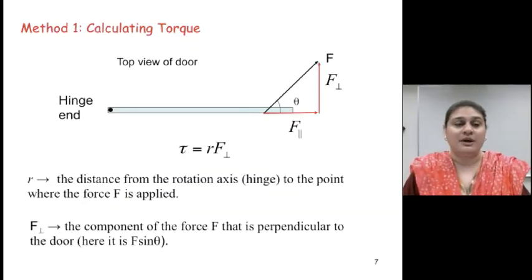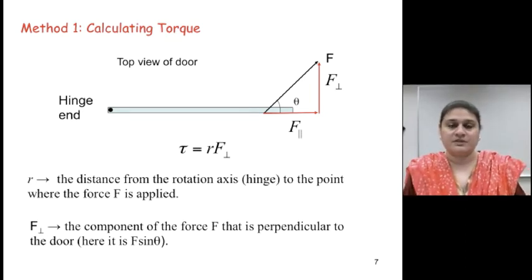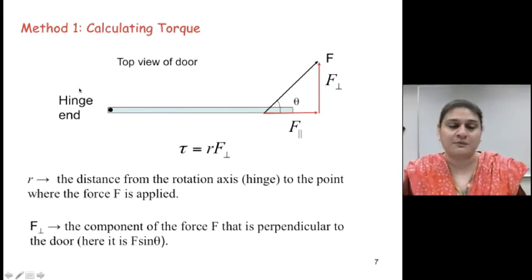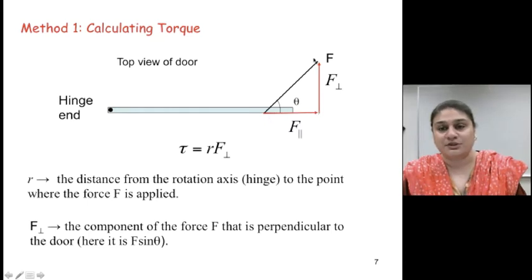So now let's talk about how to calculate the value of torque. Say you have a top view of the door that we were talking about. If this is the end where the hinge is, and you are applying a force in this direction, that force is going to have two components, the parallel one and the perpendicular one.